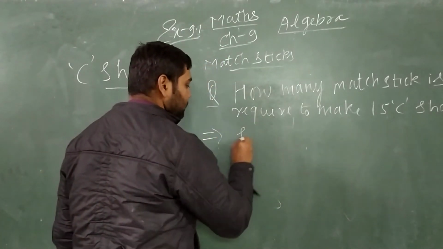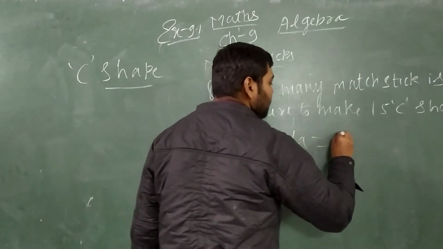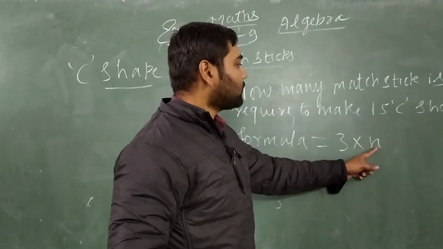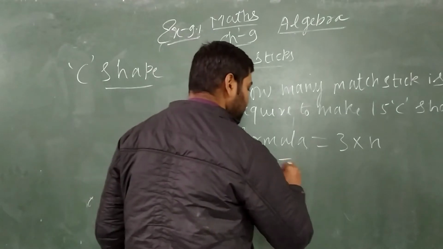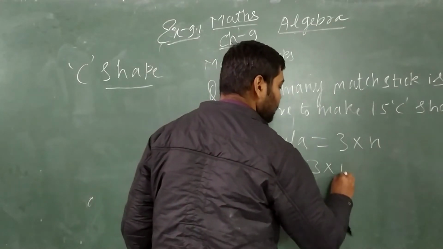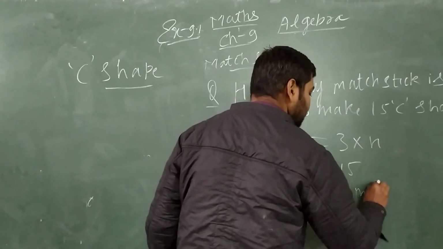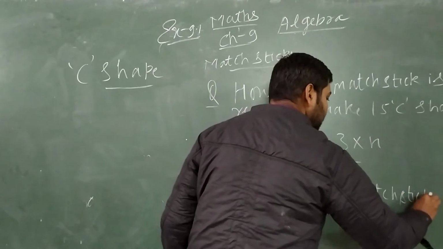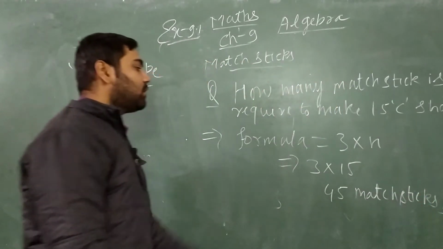See here, what is the formula to make the C shape? The formula is 3 into n, where n is the number of C shapes. It is given in the question, 15. So we will put it in the formula: 3 into 15. 15 threes are 45 matchsticks. 45 matchsticks are needed to make 15 C shapes.